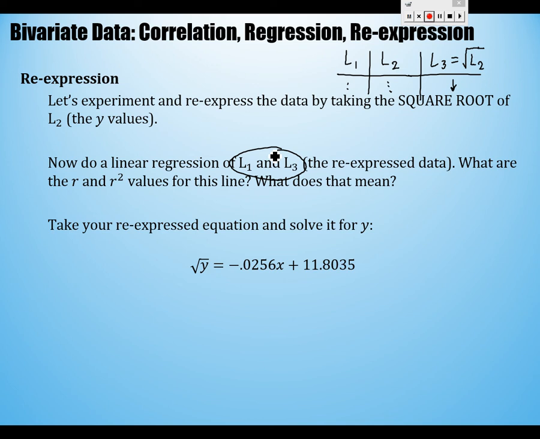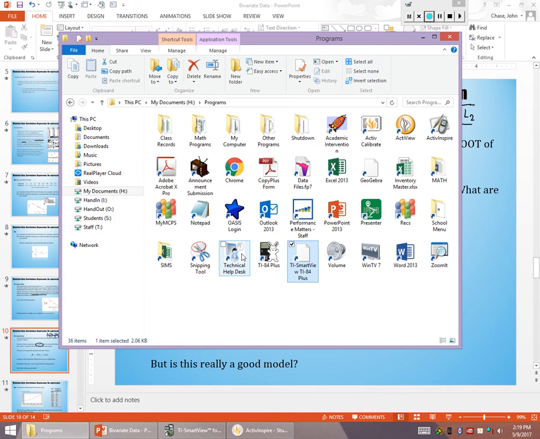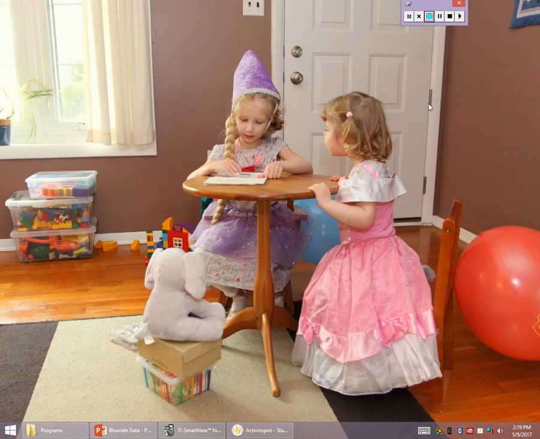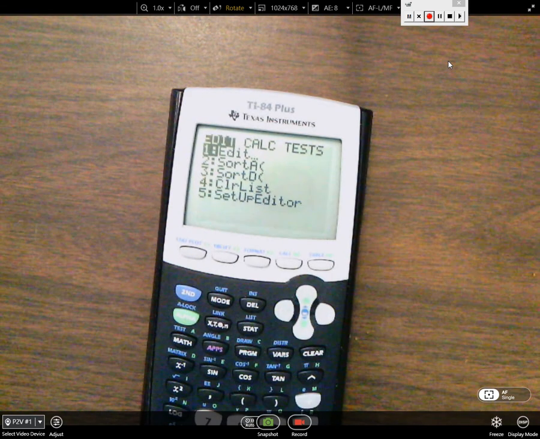I'm leaving people in the dust. Oh, maybe this will work. Can I put my calculator under the light? Can you see this if I type stuff in here? Hey, that's not bad.